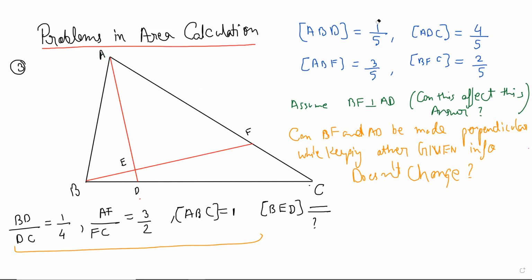So what I was thinking is you could start with two perpendicular lines, AD and BF. We're just doing this to reason that there is a case, or there is a triangle, which can be done. You can start with this, and then you can try to make a triangle.